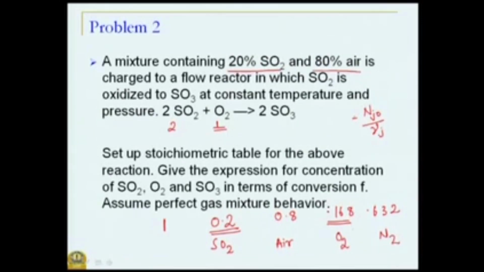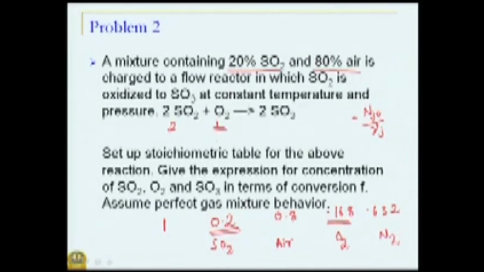So, stoichiometrically for 0.168 we need 0.336 moles of SO2. But how much do we have? We have only 0.2. That means, SO2 is our limiting species, and we should therefore define conversion in terms of this limiting species, namely SO2, and then set up our stoichiometric table.